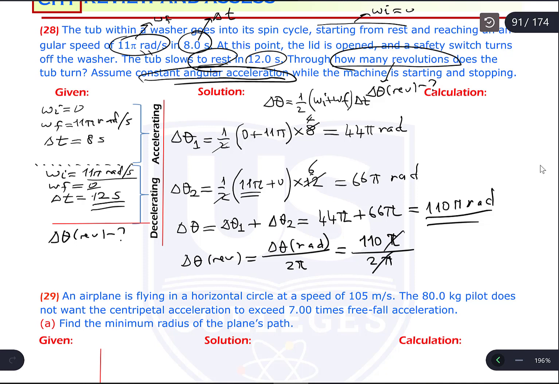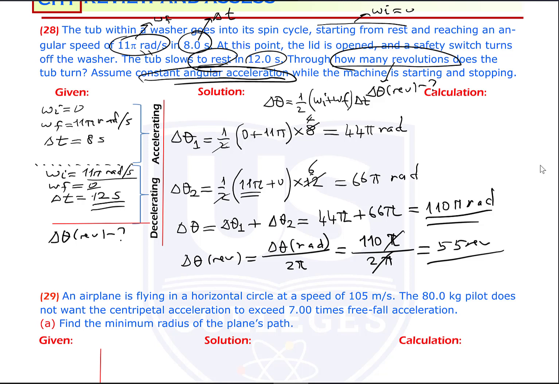Pi will simplify. 110 divided by 2 is 55. So during this starting and stopping time, this tube within the washer rotates 55 times, 55 revolutions or rotations.